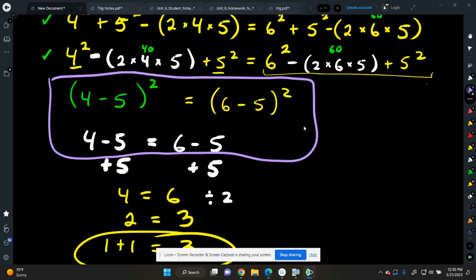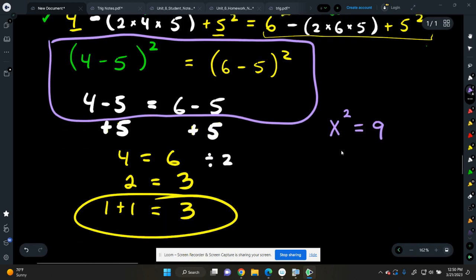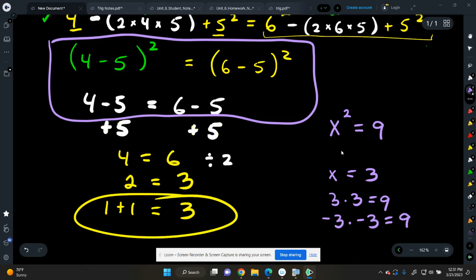Okay, so if I said x squared equals 9, what does x equal? Why do we know that x is equal to 3? Because 3 times 3 equals 9, right? Well, doesn't -3 times -3 also equal 9?